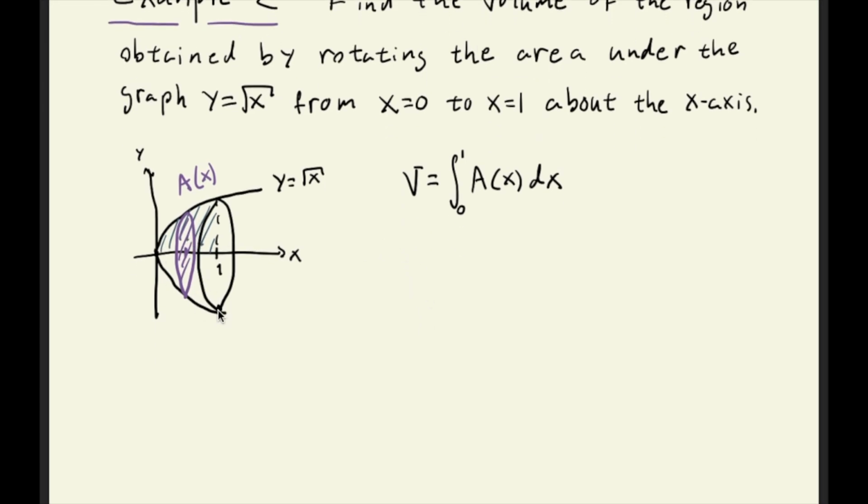But again, we rotated this graph around the x-axis, right? So this purple region here is actually a circle, right? So this boundary here is a circle. We rotated the graph around the x-axis.